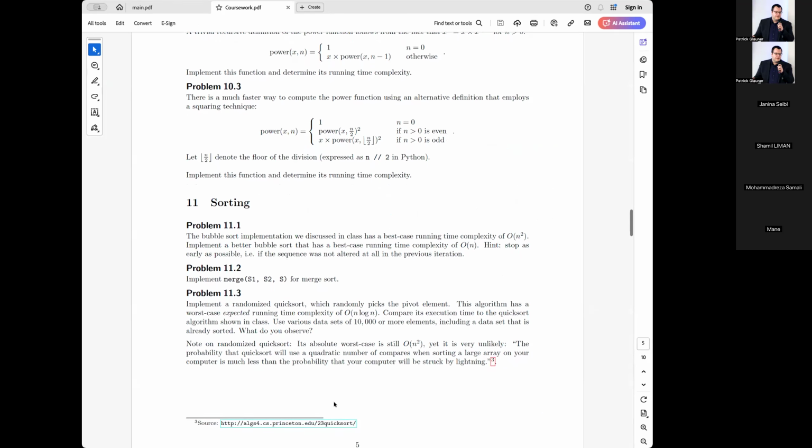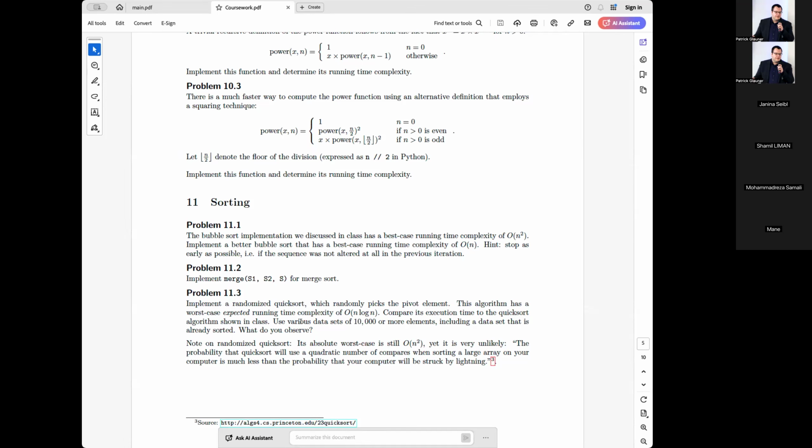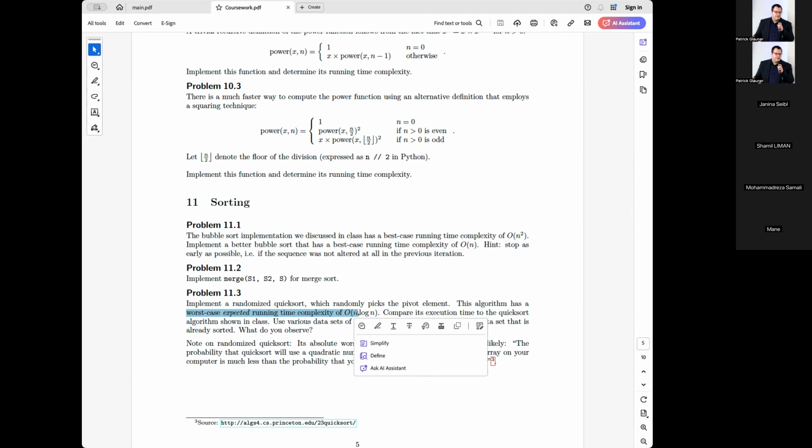So I found some algorithm coursework from Princeton, and the professor there wrote that quicksort has a worst case expected running time of O of n log n.